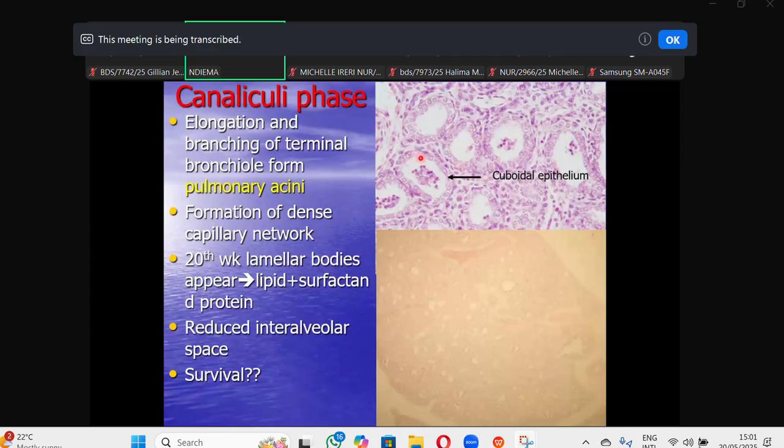There is reduced mesenchyme between the epithelial lining, and towards the distal part, this cuboidal epithelia thins out to eventually form the type 1 and type 2 pneumocytes, and then the Clara cells. If you remember, at the level of the terminal bronchiole and also the respiratory bronchiole, we had cuboidal epithelia. But proximally, the epithelia becomes pseudostratified.